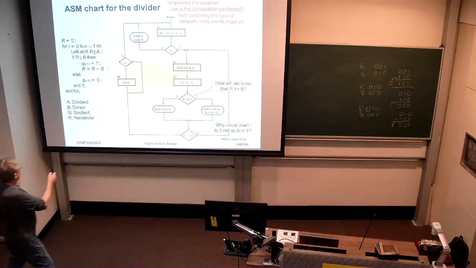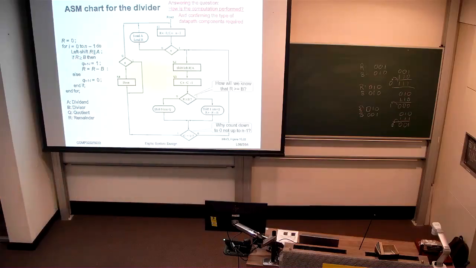The pseudocode counts up from 0 to n minus 1. Why are we counting down to 0?